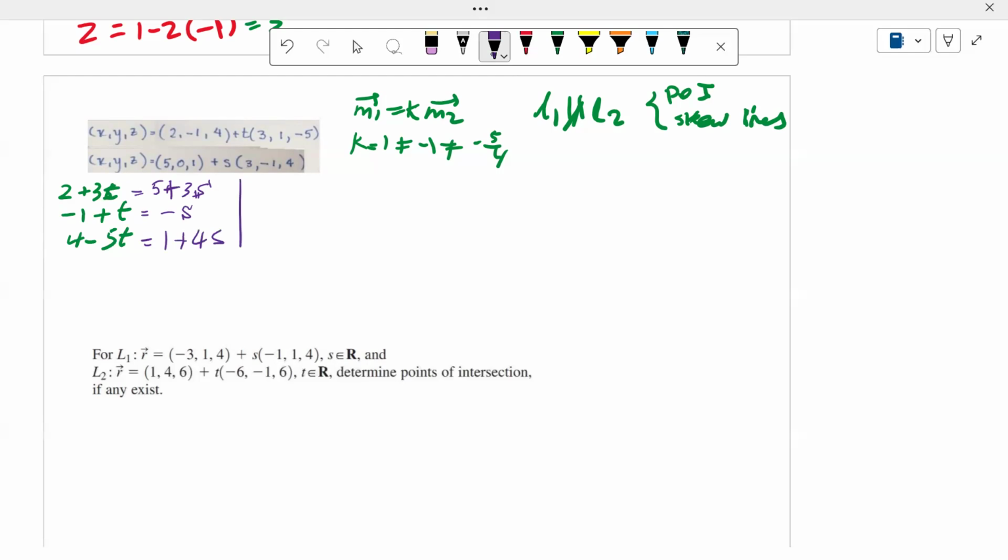If I simplify these ones, I get 3t plus 3s is equal to, minus 3s. So I take 3s to the other side, is equal to 3.